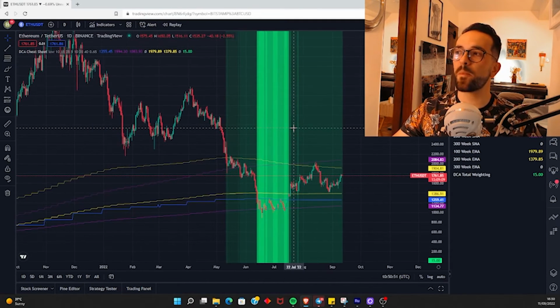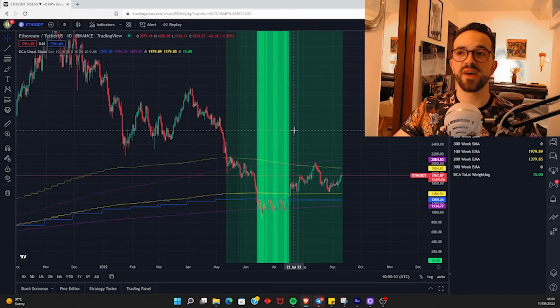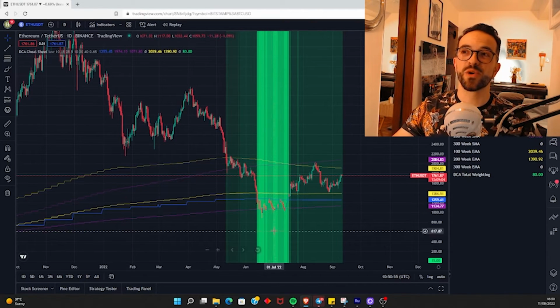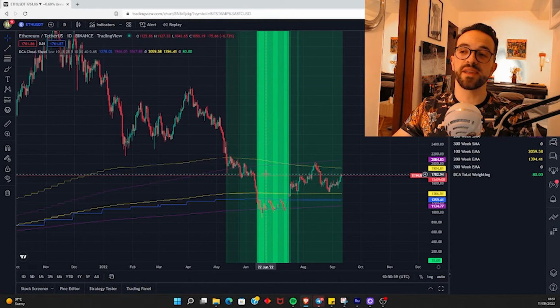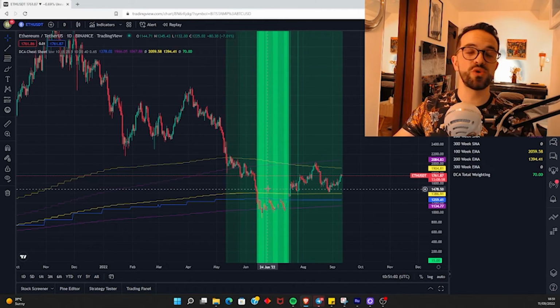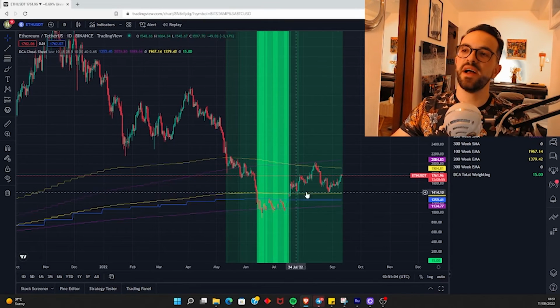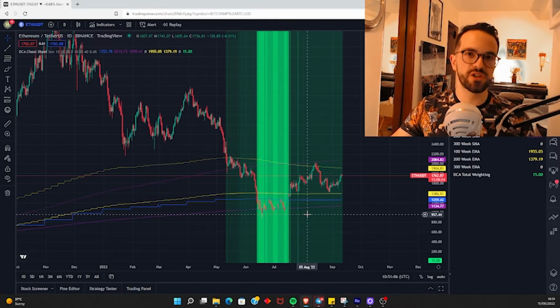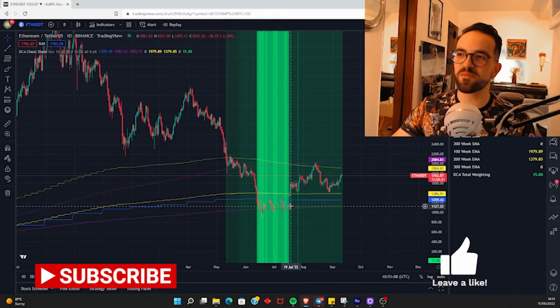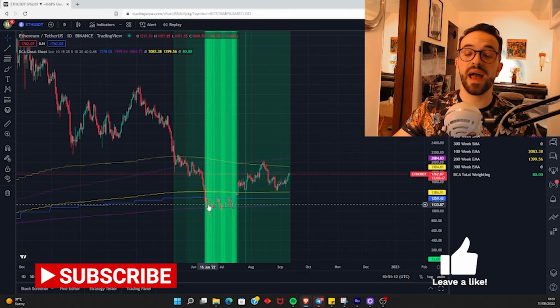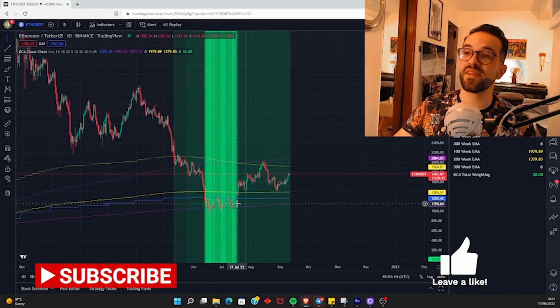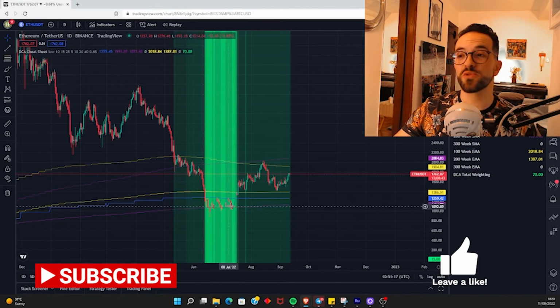It basically combines different moving averages with RSI to give you these green areas. According to the indicator, when the green is brighter is when you should do aggressive dollar cost averaging, and when the green is less bright, you should continue to do some dollar cost averaging. Basically, what this is telling you is that you should have done aggressive dollar cost averaging when Ether was around 1,100.